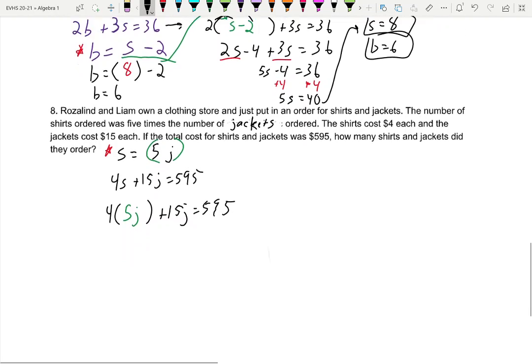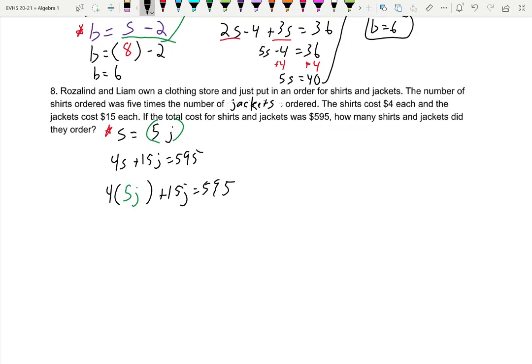And now we're going to solve. 4 times 5J is 20J plus 15J equals 595. Now 20J plus 15J is 35J is equal to 595.